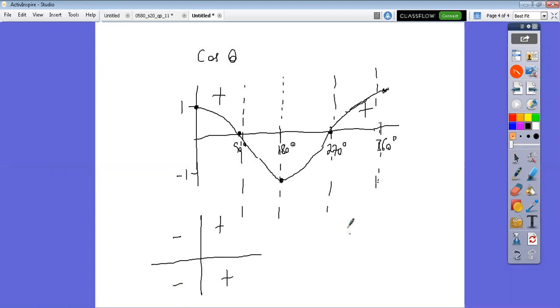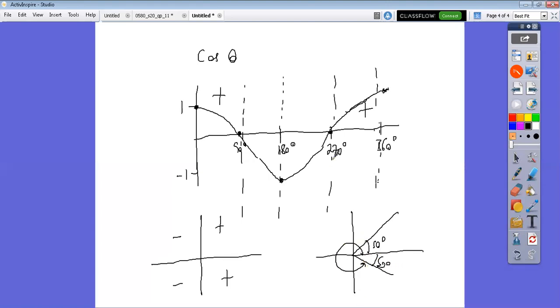So if I say cos, for example, let's say 50 degrees here. It's positive in the first quadrant, so it's also positive in the last. So I'll have 50 degrees, and remember I said you always move like this, all the way like this.